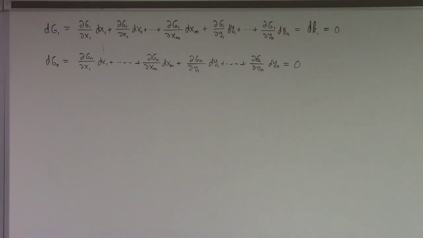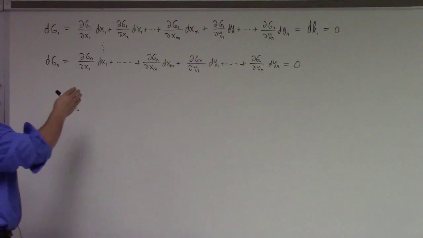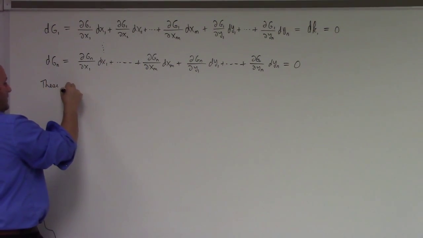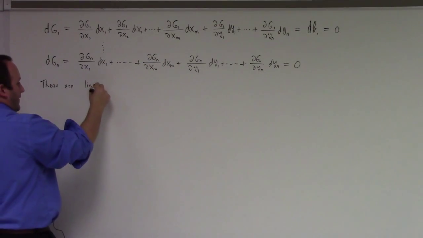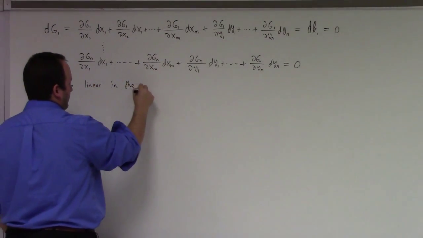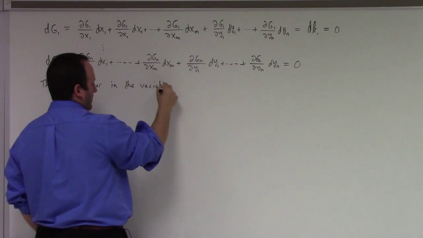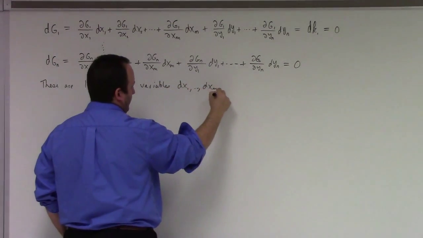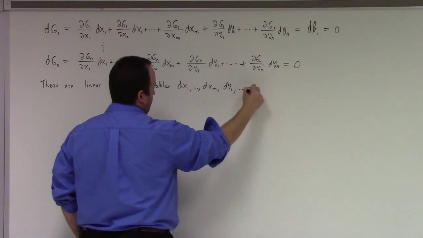So we have these equations involving differentials. I would call it a differential equation, but that means something else. But as you can see, these equations are what? These are linear in the variables, let's say dx1 through dxm, dy1 through dyn, right?